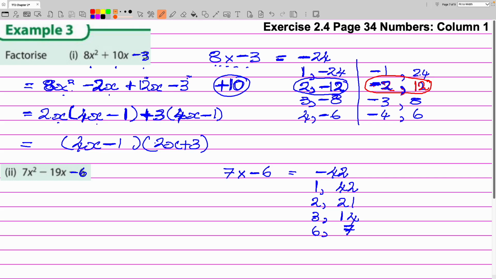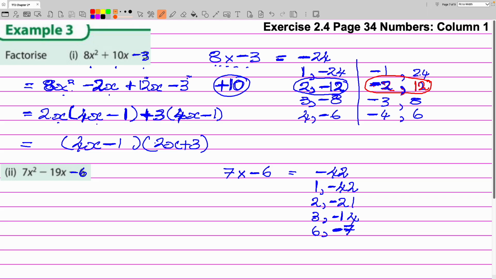I've made a mistake. What's the mistake I've made? Rookie error, deliberate by the way. I should have made them all minus. I should have made 6 and minus 7. Right.